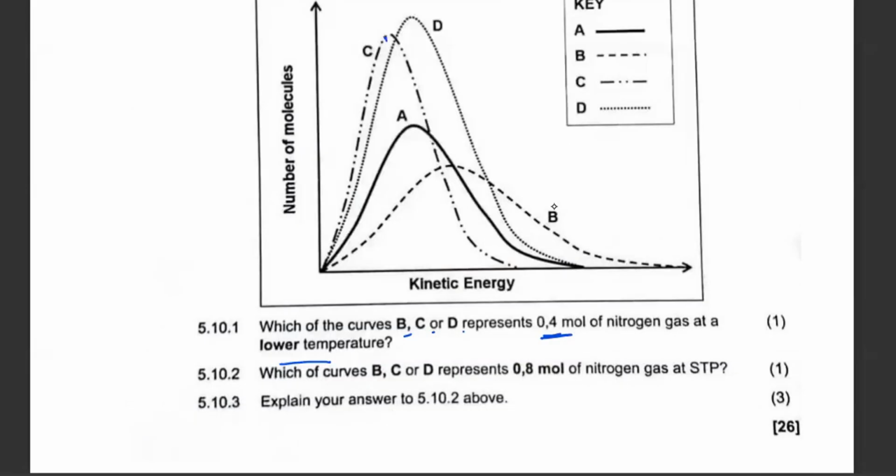So you have to look at the graph, because this axis shows the concentration and this one shows the temperature, meaning that the one which has the heap or the maximum at the left side is the one which has the lower temperature.